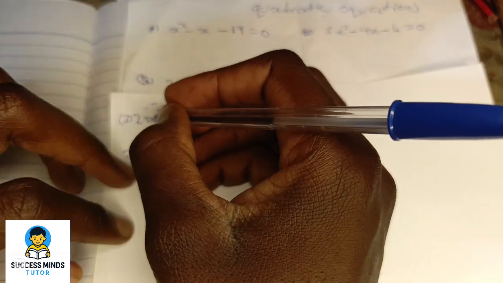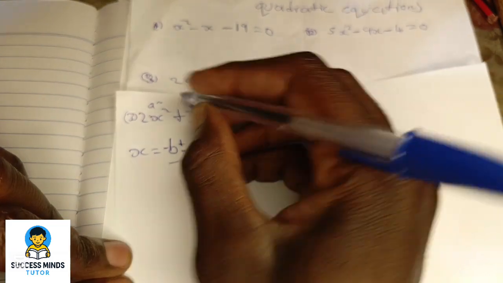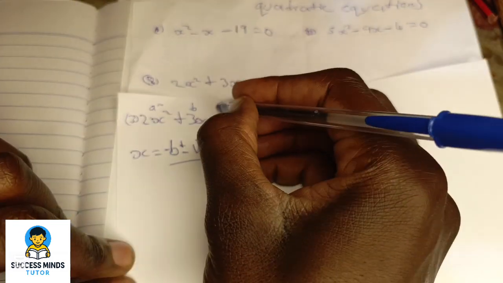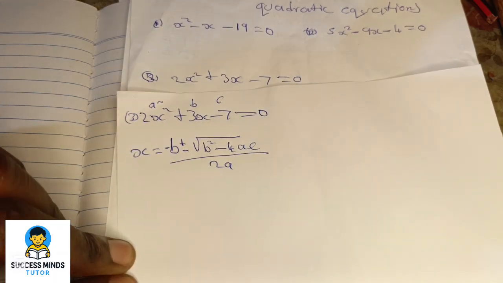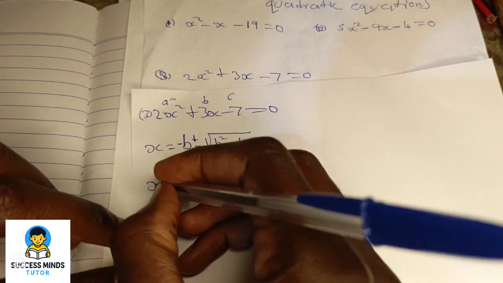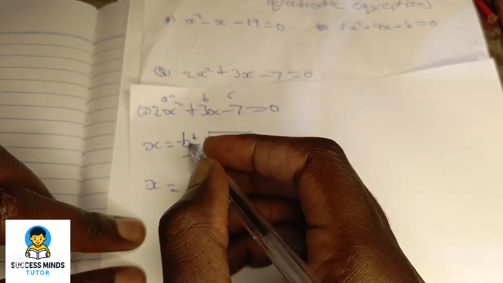So have it in mind that this is your A, this is your B, and this is your C. So the values you're getting from 1, 2, 3. Okay, so you're going to say x equals, you're going to get the same sign there. What is your B?